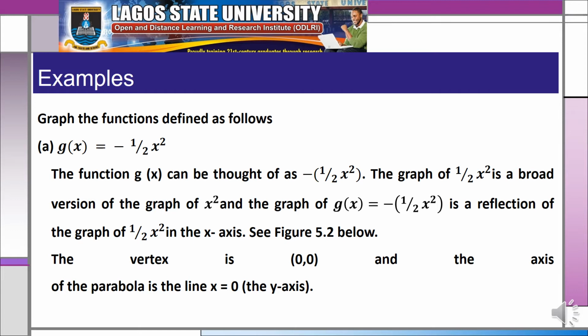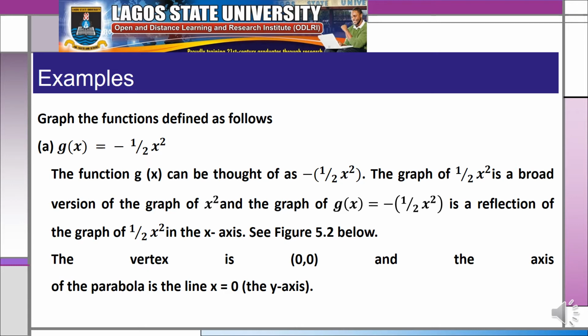Example: consider the graph of g of x equals minus half x squared. The graph of half x squared is a broad version of the graph of x squared, and the graph of g of x equals minus half x squared is a reflection of it, because one is positive and the other is negative.